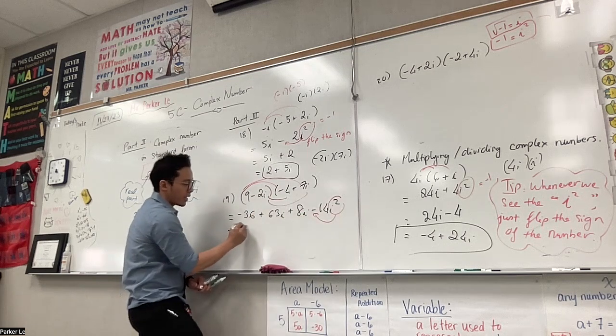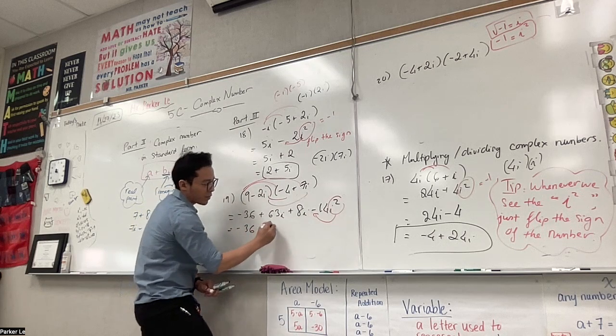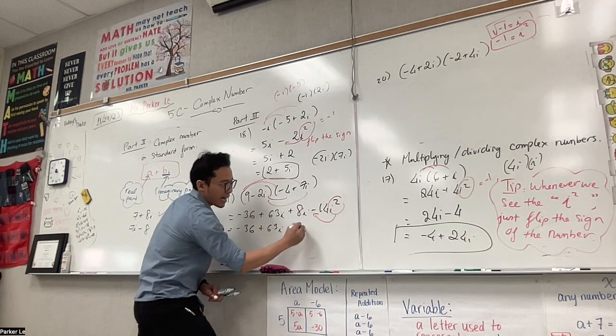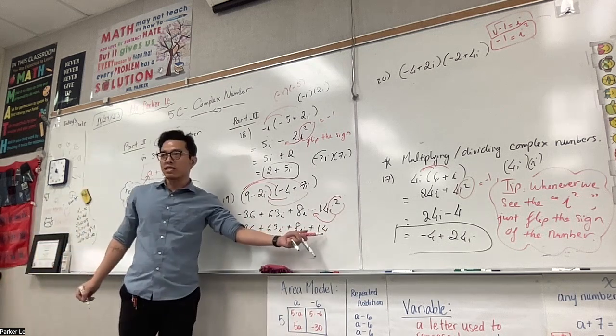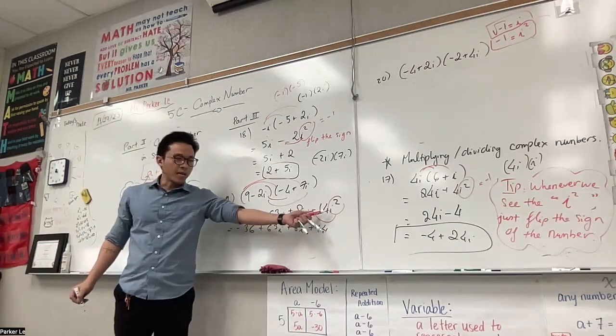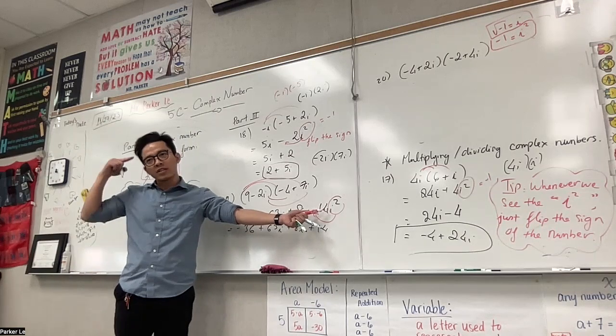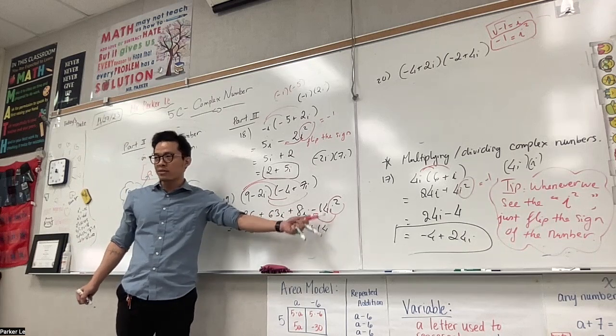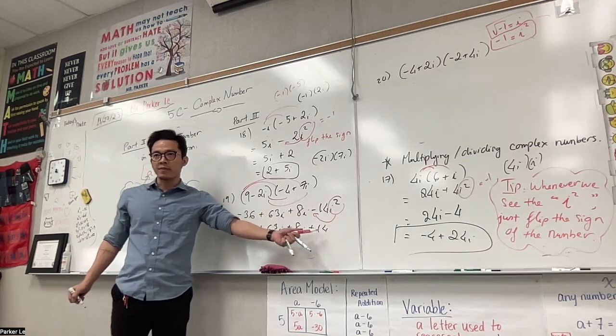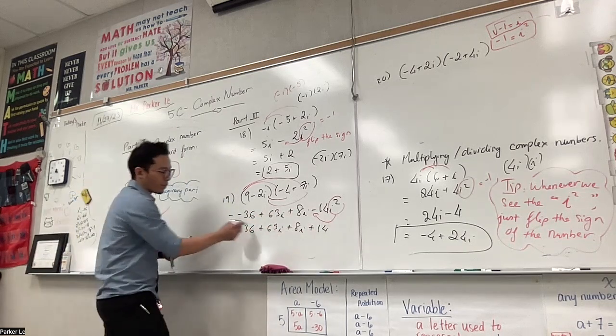So negative 36, I'm going to do that first, before we get plus 8i. Now 14 is a real part. See that? If you keep the i squared right here, you might think this is the imaginary part. No. Actually, i squared is negative 1, so it becomes a real part. So real goes with real.